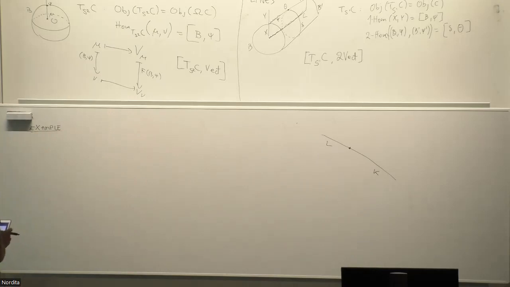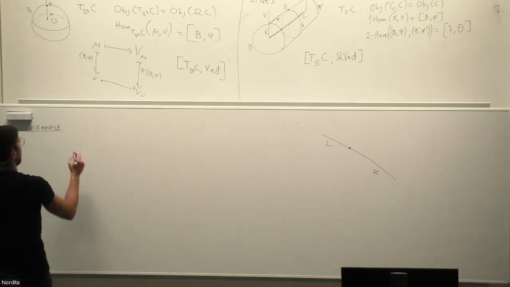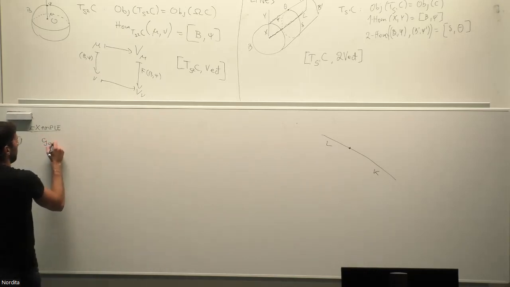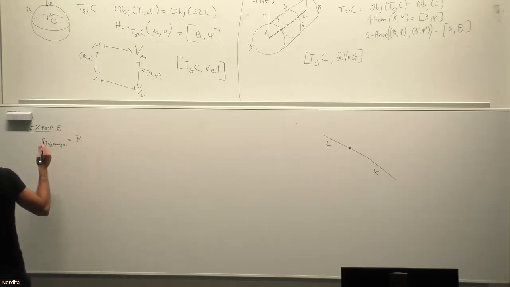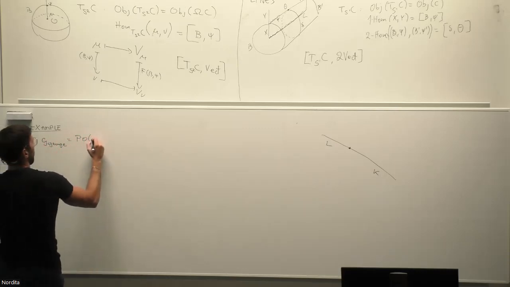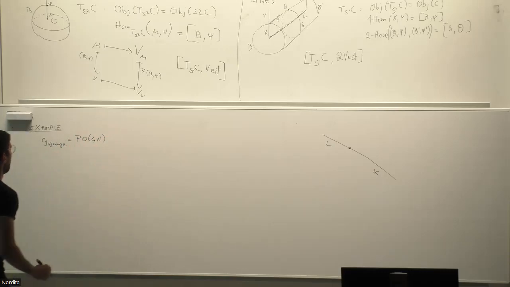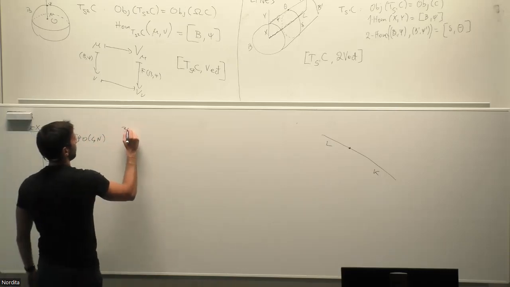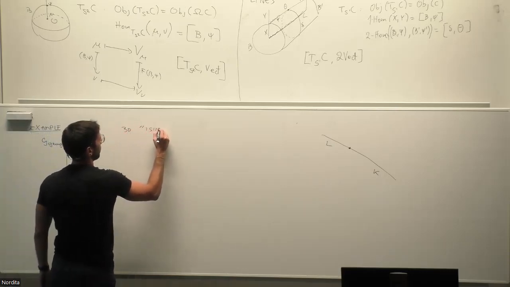So we can consider the case in 3 dimensions of a gauge theory with gauge group PO for n. You can call it, if you want, 3D Ising-like.